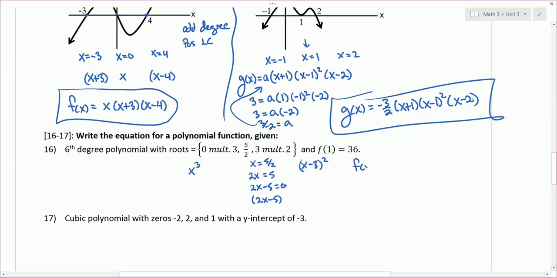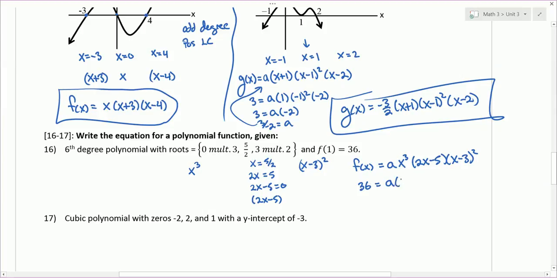F of x is equal to some leading coefficient, don't know that part, times x cubed times 2x minus 5 times x minus 3 squared. And if I plug a 36 in for y, I get 36 when I plug in a 1 for x.